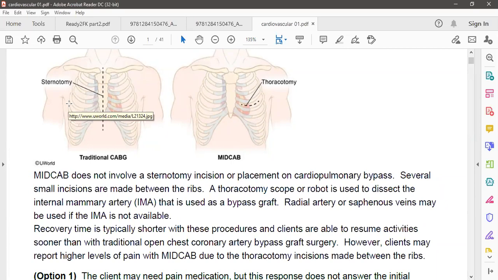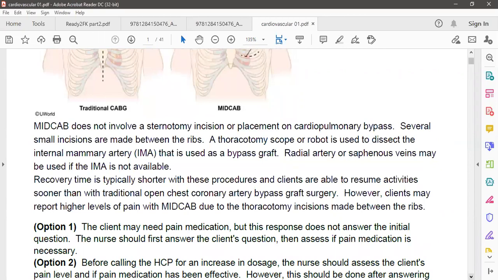However, the client may report a higher level of pain with this grafting due to the thoracotomy incision, right? This incision is made in between two ribs.